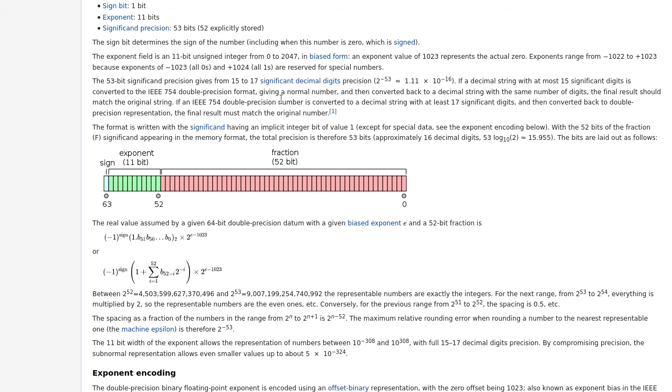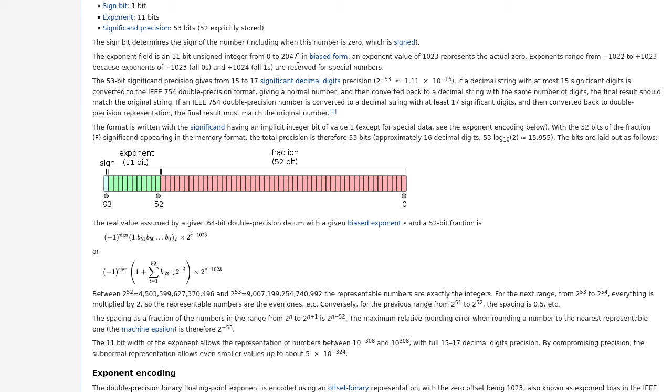Well, this is where Wikipedia did not quite explain what e is. It just says the e is up there. The exponent field is an 11-bit unsigned integer, and that is e. Let me point out where we are talking about. So this is what we are talking about. The exponent field is an 11-bit unsigned integer from 0 to 2047.